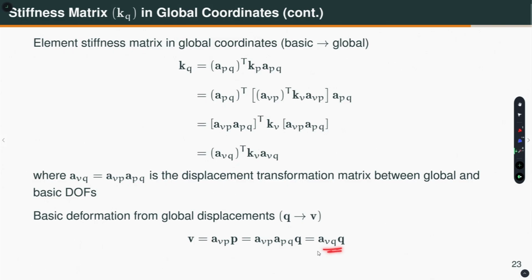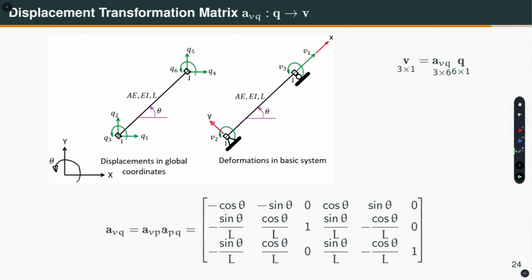So, AVQ into Q. As you can see, on the right hand side I have the global displacement, on the left hand side I have the basic deformation. So, I can directly go from the global displacement to basic, but we have to be careful when we deal with geometric nonlinearities, that we will discuss later in the course. Okay. So, how do we do that? Well, I have already derived AVP and APQ, you just multiply them, then you can directly get AVQ.